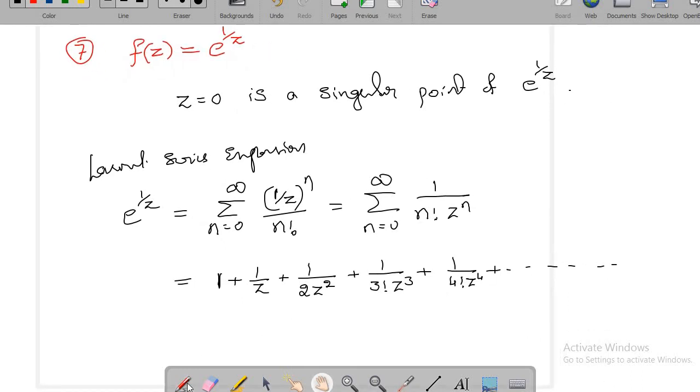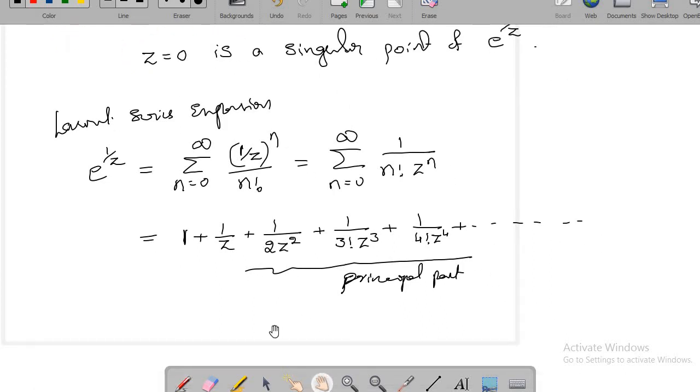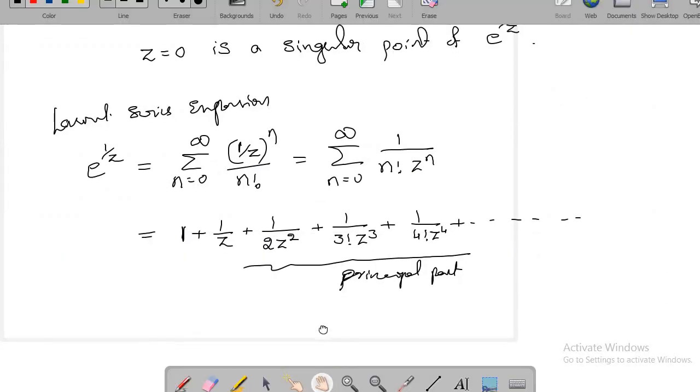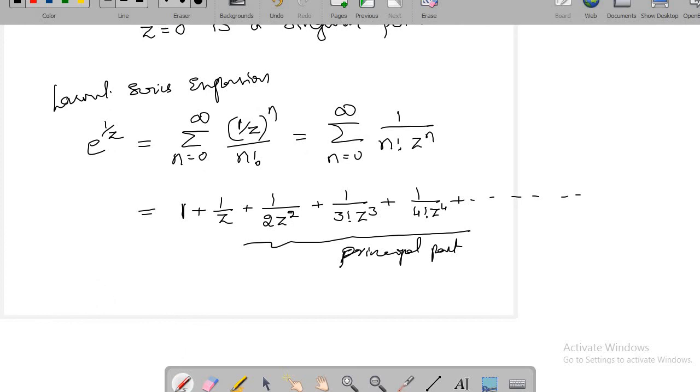So how many terms are there in the principal part? This entire thing is a principal part itself. How many terms are there in the principal part? Infinite, sir. Exactly. There are infinitely many terms. Therefore, what kind of singularity is this?